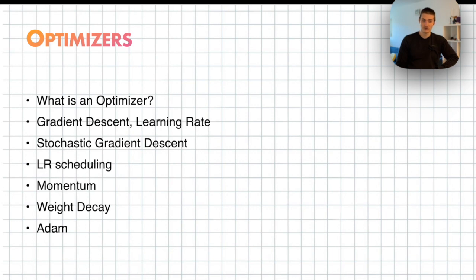Then we will move on to stochastic gradient descent, which is the one that is usually used in training neural networks. We'll discuss some techniques for improving optimizer further, that is learning rate scheduling, momentum, and weight decay. Finally, we'll discuss another optimizer that works slightly different called Adam.